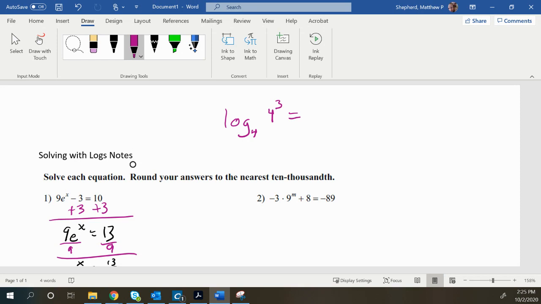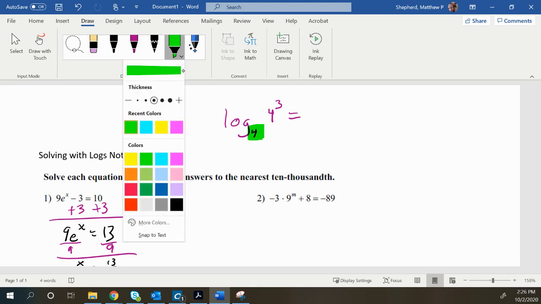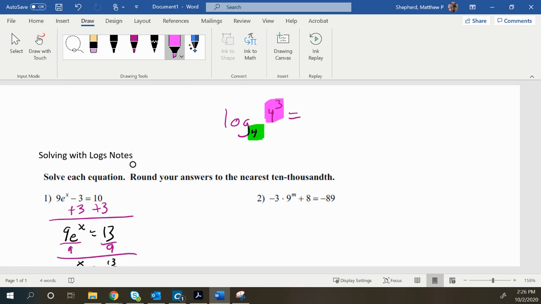Remember what log is asking. Log is basically asking the question: this base to the power of what is the same as this? So 4 to the power of what is equal to 4 to the power of 3?